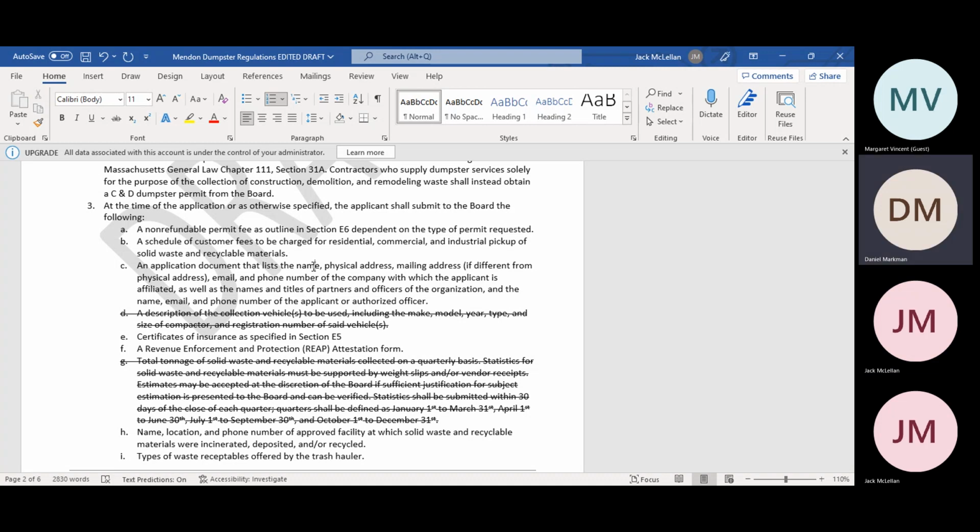In addition, there was something that came up before we move on from this section. Currently, and this is my bad, your permit does require that they provide you with basically a list of all their customers and the address where services are provided.